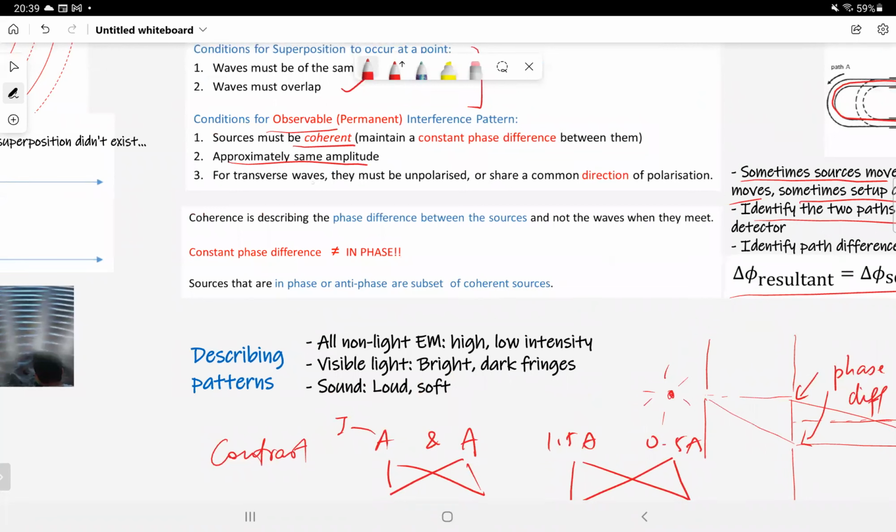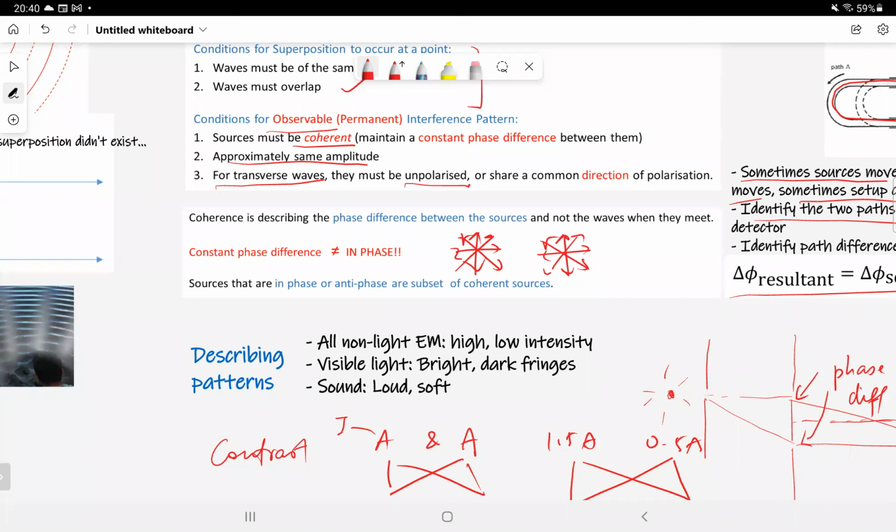Lastly, if you're talking about transverse waves, they must be unpolarized. Unpolarized means what? If you look at the polarization in terms of diagram, we always draw this kind of arrow. If both are unpolarized, both contain polarization of any direction. Both sources have waves polarized in any plane.